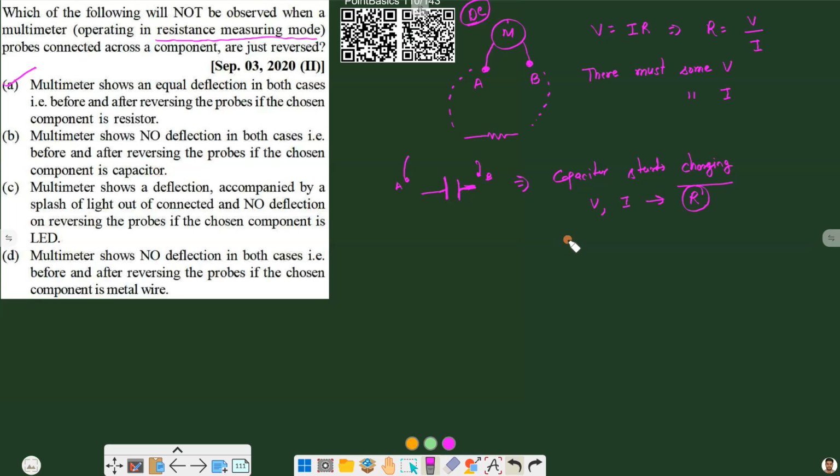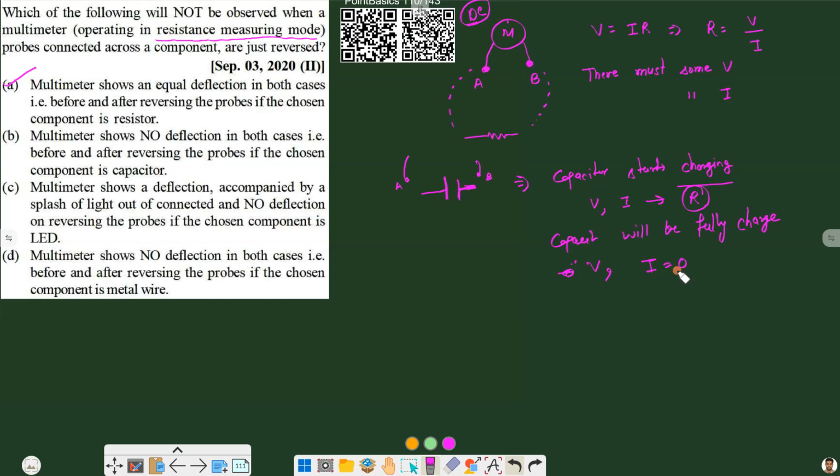And after some time, the capacitor will be fully charged. And when the capacitor is fully charged, there will be maximum potential drop across it, but current will be zero. As the capacitor is fully charged, no current will flow across the capacitor.